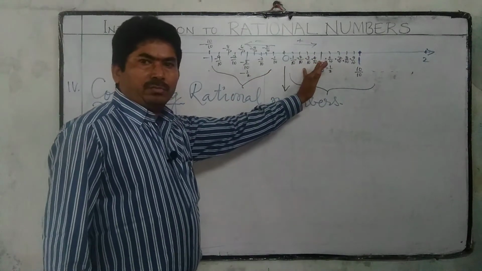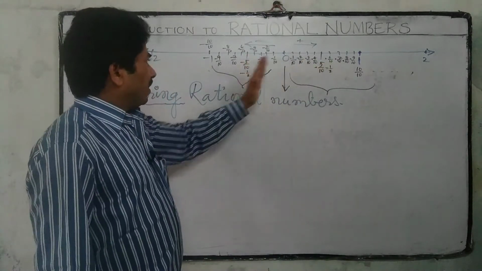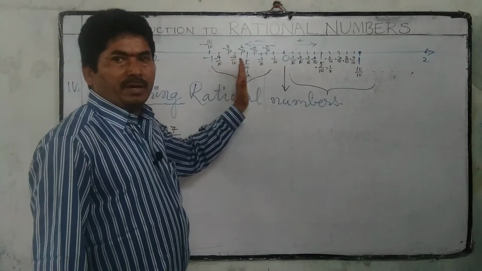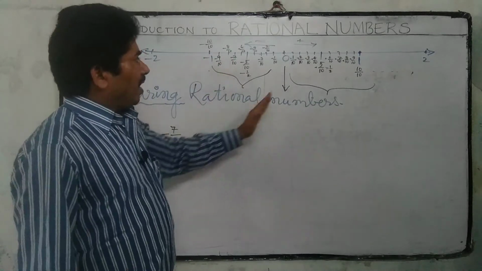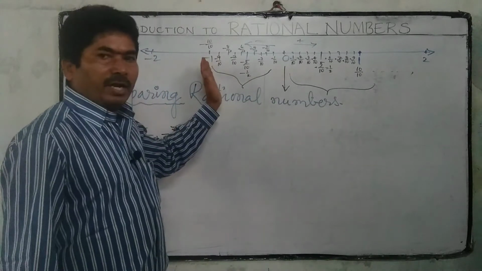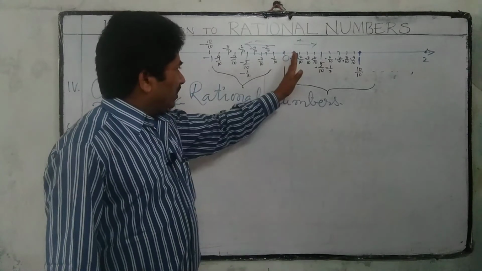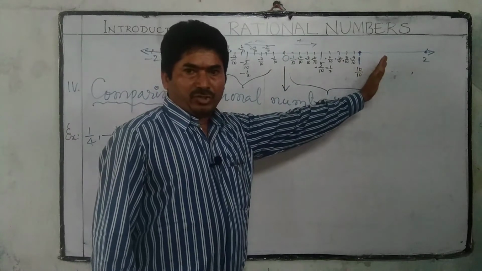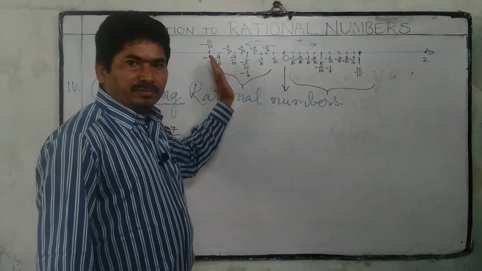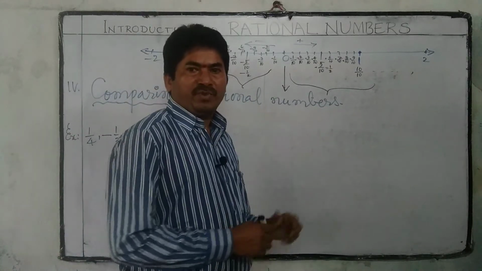Every positive fraction or positive number is always greater than a negative number or negative fractional number, or 0. And also 0 is less than positive numbers. 0 is greater than negative numbers, negative fractional numbers also. Basing on these rules, we can compare.